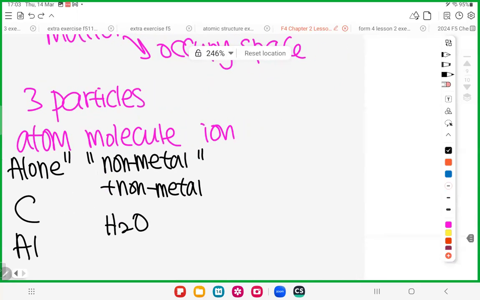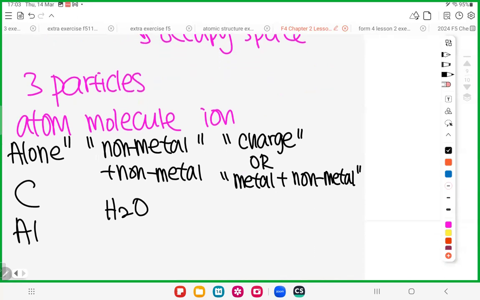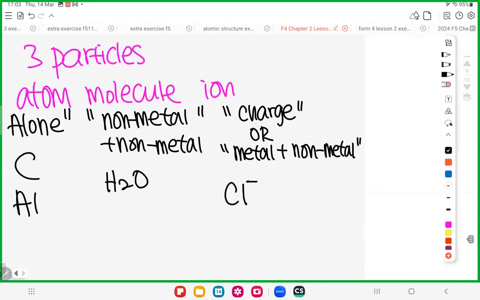What is an ion? An ion carries a charge, or is anything made from a metal and a non-metal combined together. For example, Cl minus has a charge, so it is an ion. Na plus has a charge, so it is an ion.